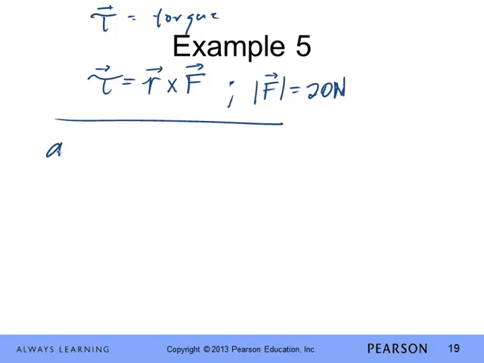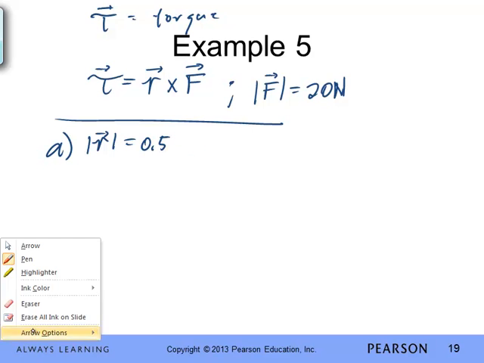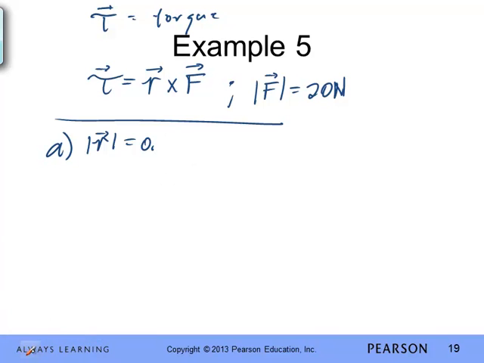Now, for the first scenario, what was the angle? 60, right? And the length of the lever was 0.15 meters, and the angle was 60 degrees.